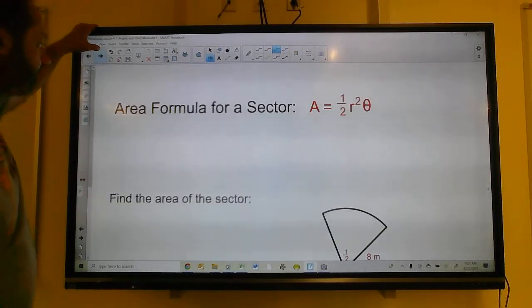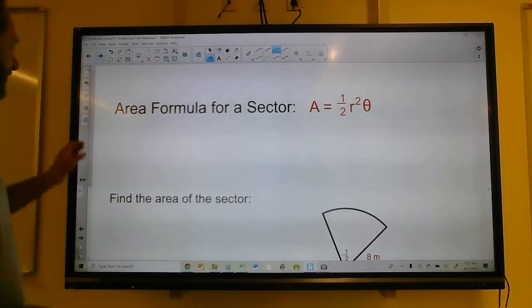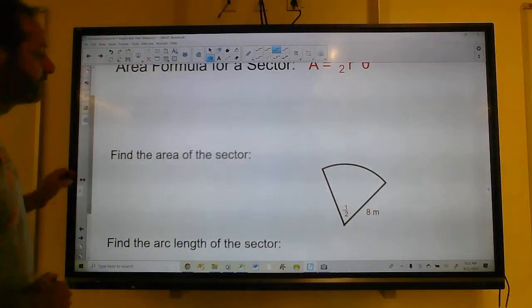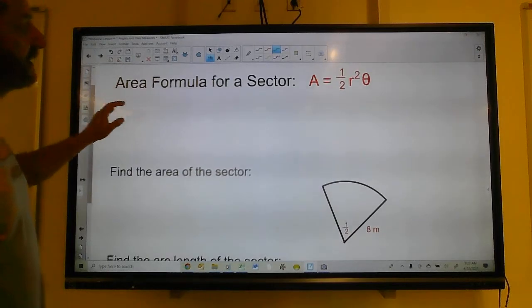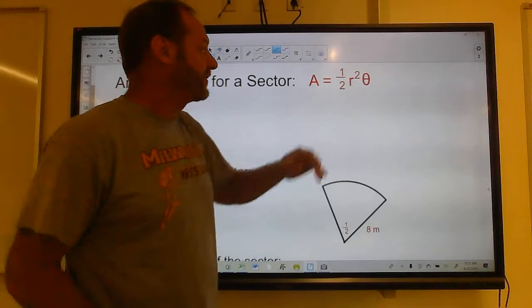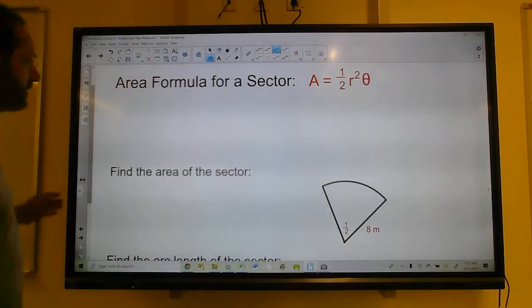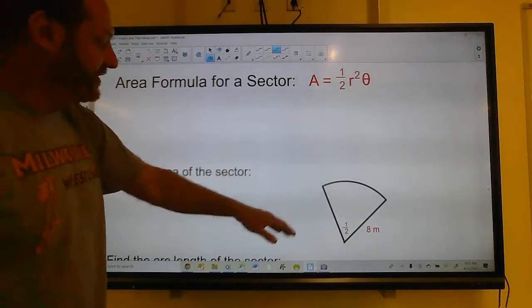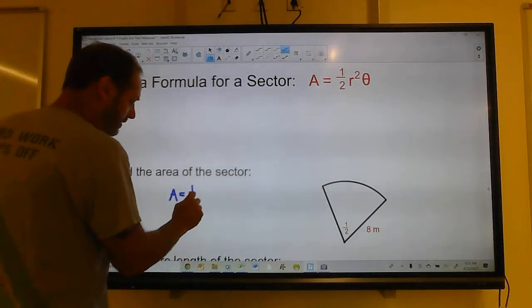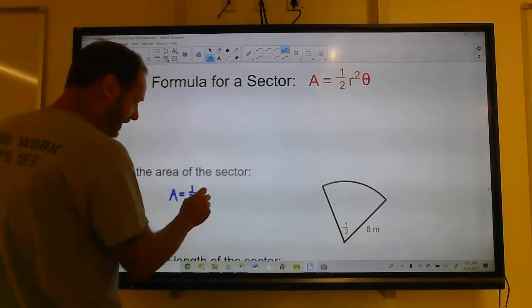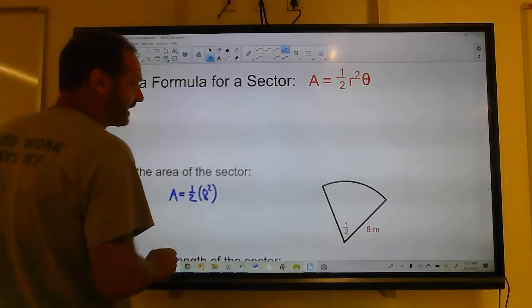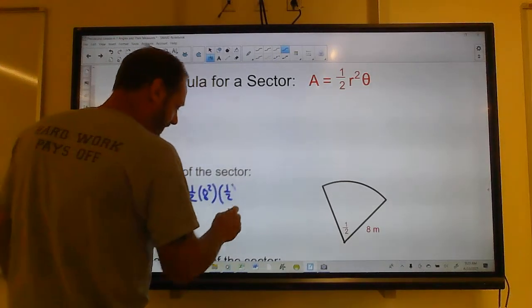All right. Area formula for a sector. So a sector looks like this. It's like a piece of pie. Okay, and the area formula is A equals 1/2 the radius squared times theta. And again, this is the central angle in radians. So if we were going to find the area of this sector right here, our area would be 1/2 times the radius, which is 8 meters, squared, times theta, and theta is 1/2 a radian.